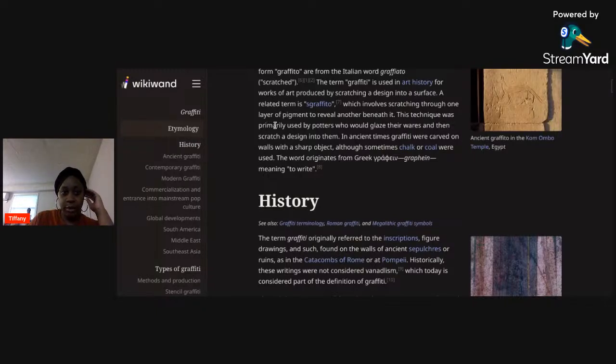This technique was primarily used by potters who would glaze their wares and then scratch a design into them. In ancient times, graffiti were carved on walls with sharp objects. Sometimes chalk or coal were used. The word originates from the Greek graphein, meaning to write.